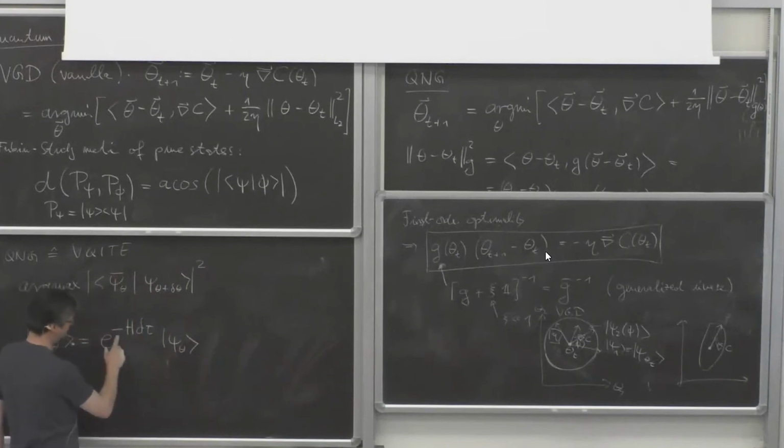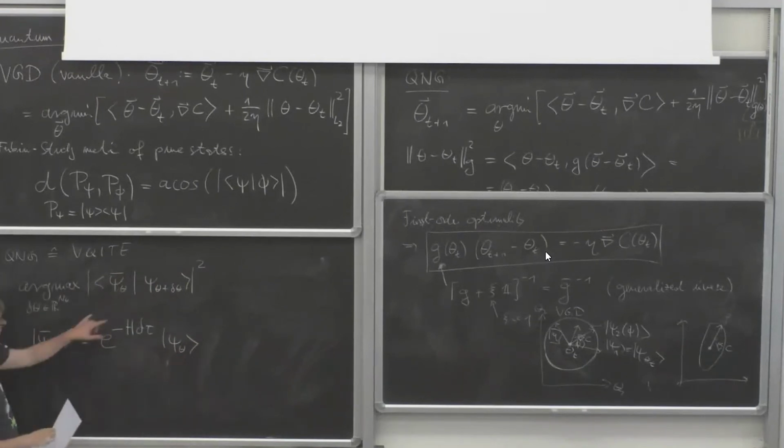So you're applying e to the minus h d tau to your variational state at time tau, and that gives you the time-evolved variational state. And you want to maximize the overlap with that state.